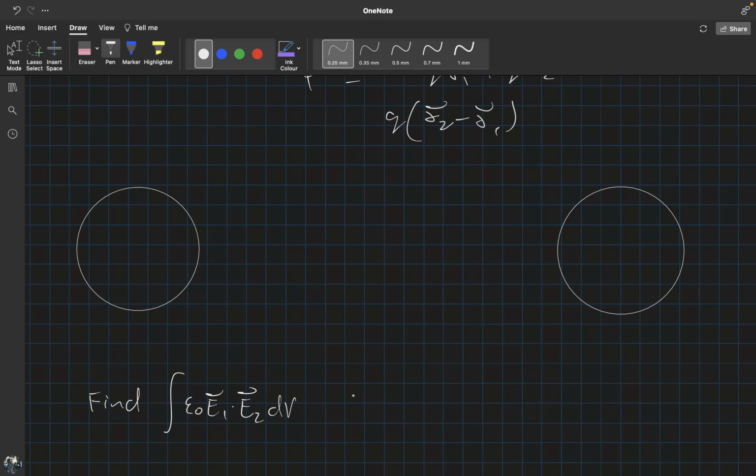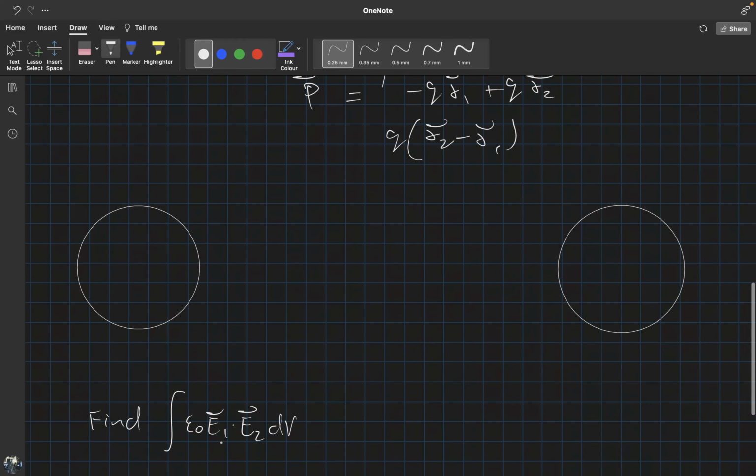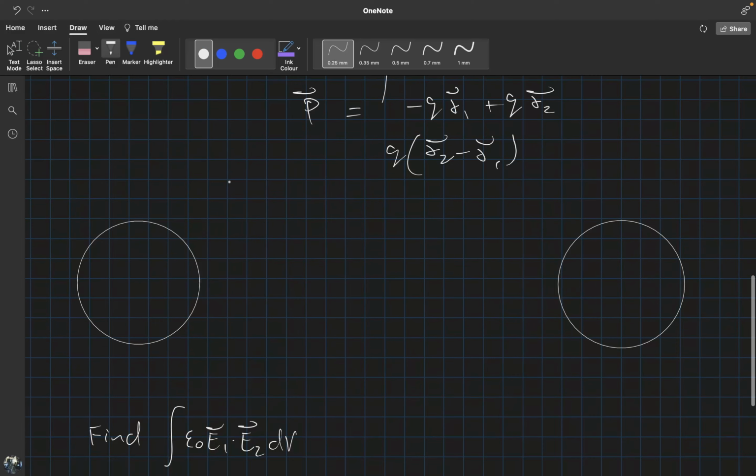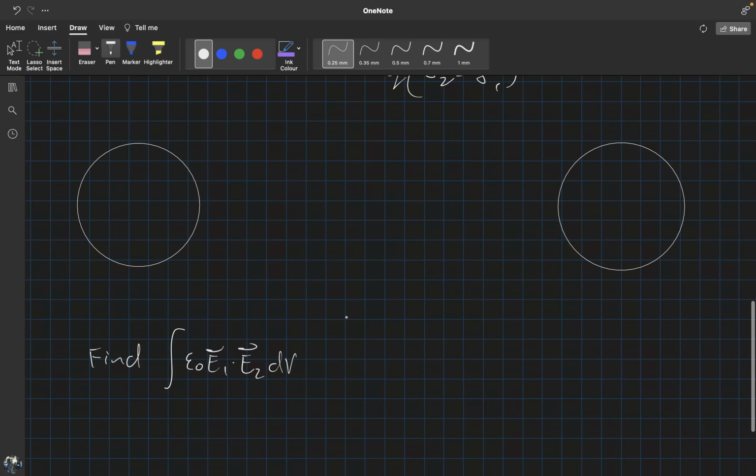What are the limits here? It is based on the volume other than that occupied by the spheres, or is it all space? Yes, all space, everywhere to infinity. The point where you're getting E1, E2, you can take an arbitrary point there.